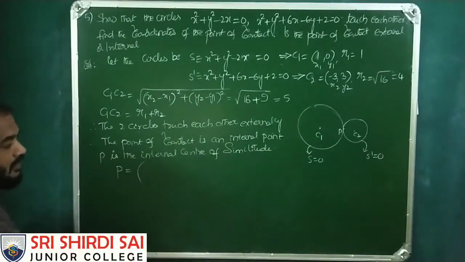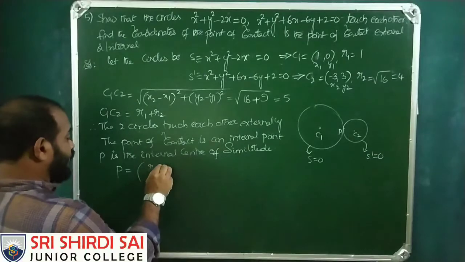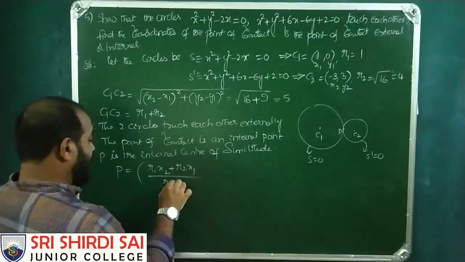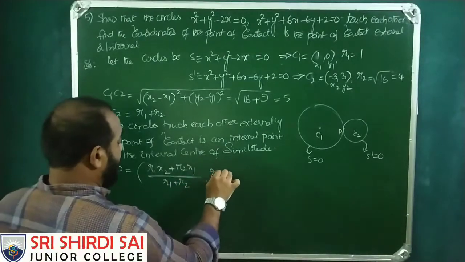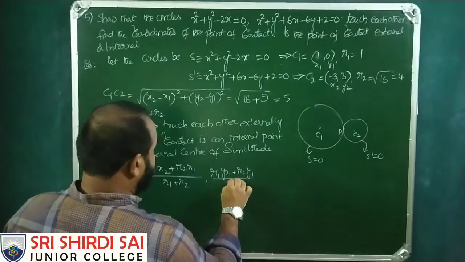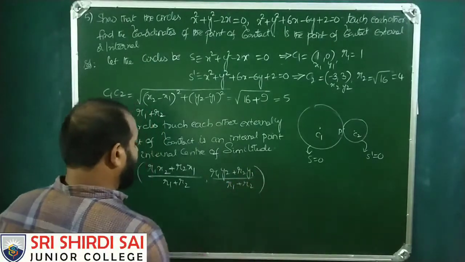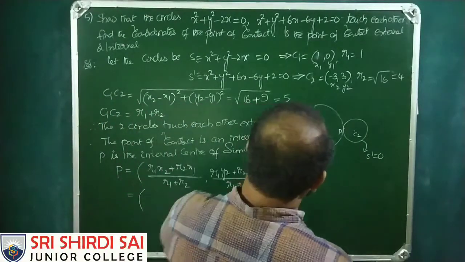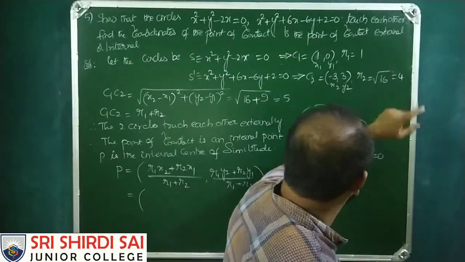So what is P? What is the formula for P? (R1 x2 plus R2 x1) by (R1 plus R2), (R1 y2 plus R2 y1) by (R1 plus R2). This is x1 y1, x2 y2, R1, R2, everything we have.